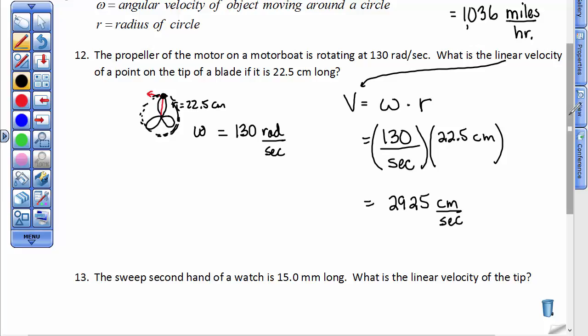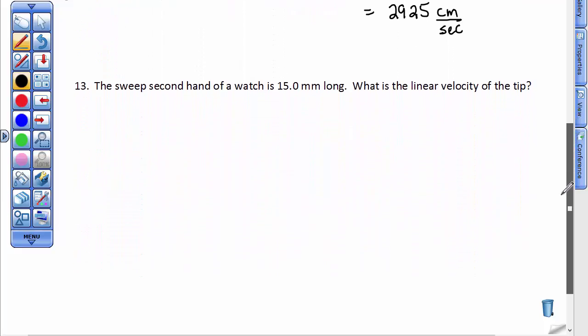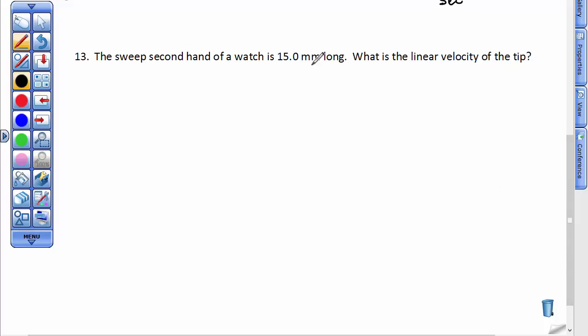Okay, the next problem. The sweep second hand of a watch is 15 millimeters long. So, the actual second hand, I'm going to try to draw something kind of with an arrow here. A second hand moves around an analog face in a minute's time.